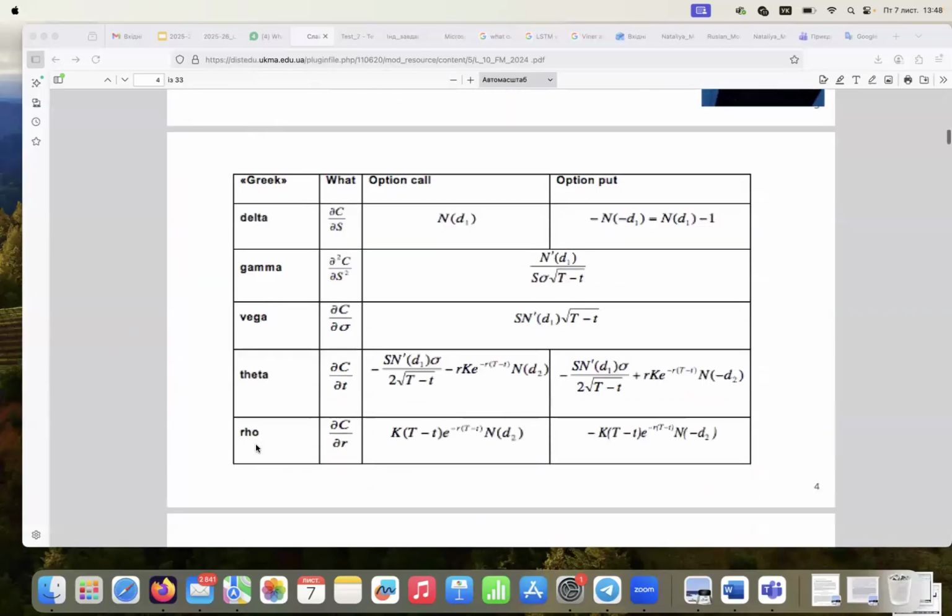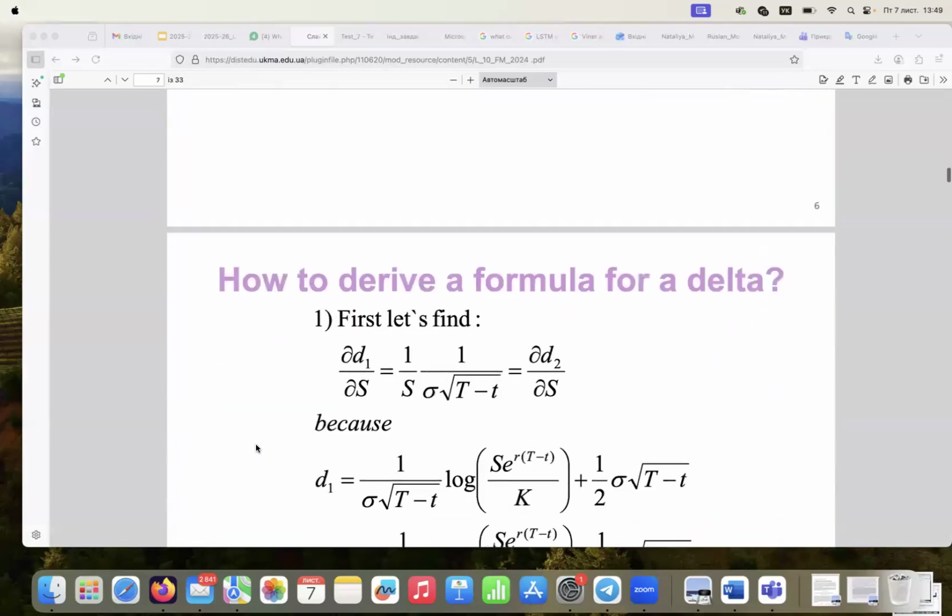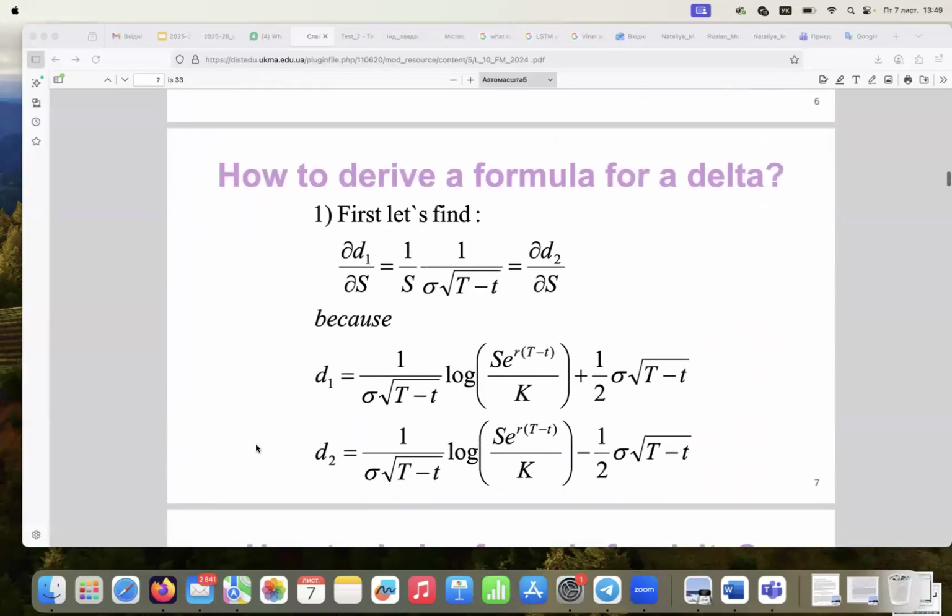And what do we do for this differentiation? First, let's find the derivative of d1 with respect to dS, because it's necessary. d1 is this formula, and if we find the derivative with respect to S, this part is like a constant.